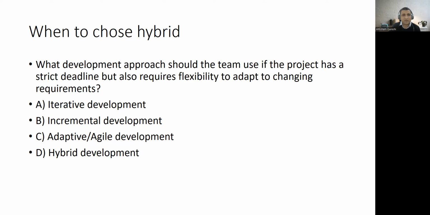Okay, when to choose a hybrid? What development approach should the team use if the project has a strict deadline, but also requires flexibility to adapt to changing requirements? Okay, your constraint is time. Time is your constraint, but you also want me to be flexible to incorporate any changes in between.